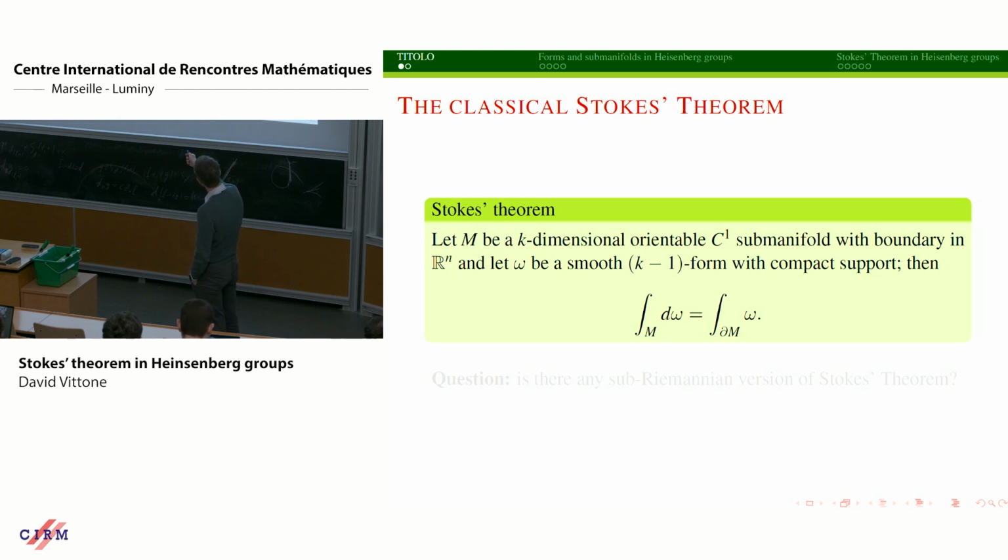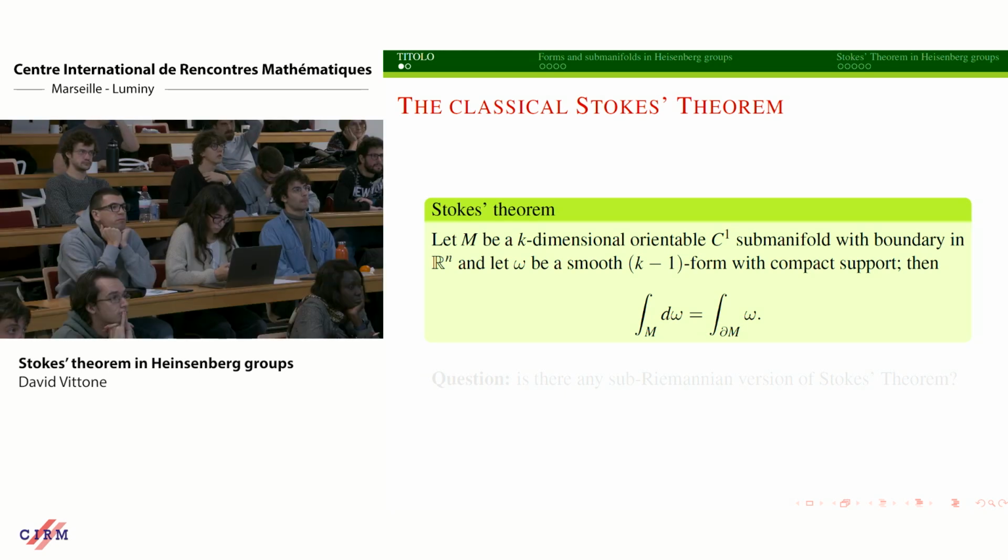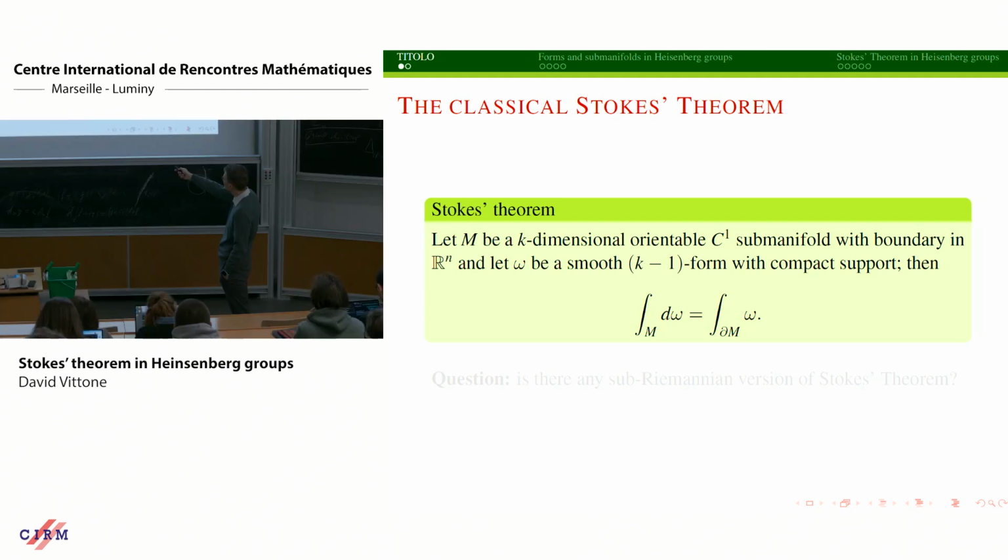You can pass exterior differentiation to the boundary operator on the manifold. So the integral on M of the differential of any smooth (k-1)-form with compact support is the same as the integral of the form on the boundary.